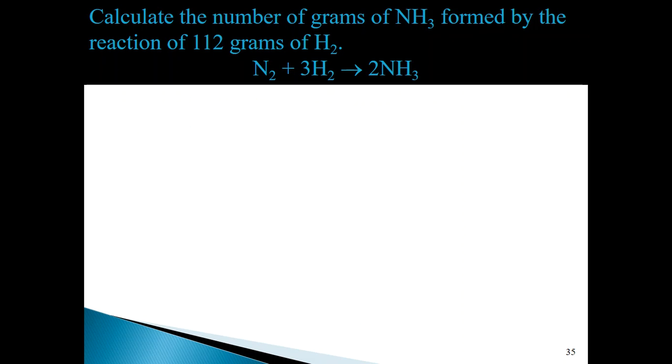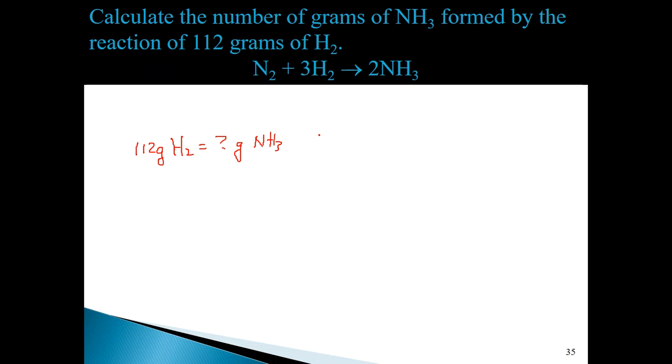So in this example, we're using the same reaction that we saw before, but this time you're given 112 grams of hydrogen, and you're asked to determine the equivalent mass in grams of NH3.